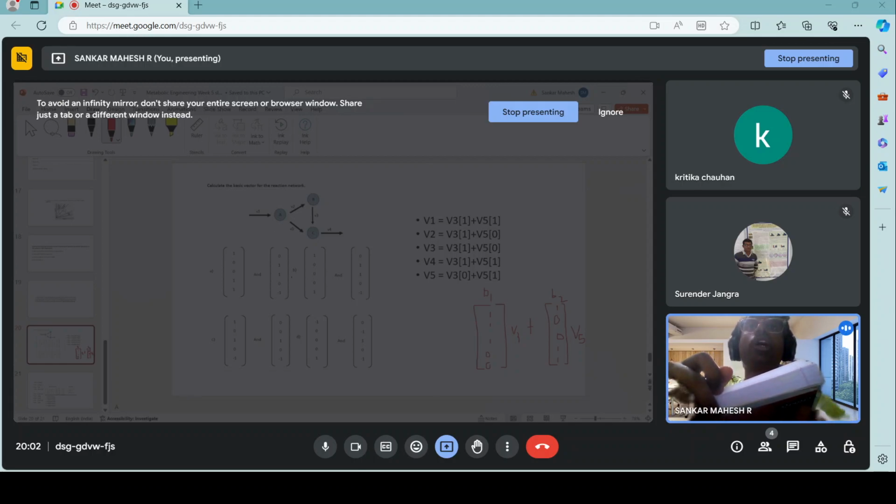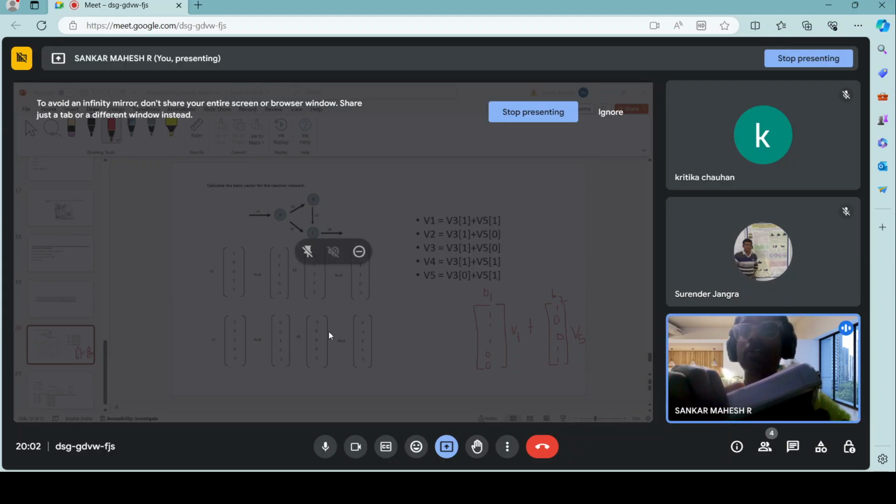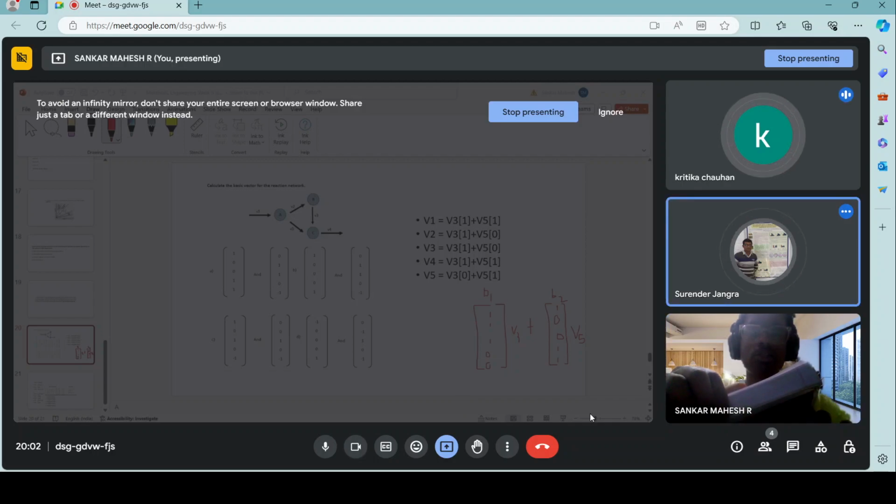So I'll check and append a video here so that you can check it on YouTube. But this is the method to calculate the basis vectors. I will check why a particular vector is not right, and I'll update it on YouTube. Okay, sir, thank you.